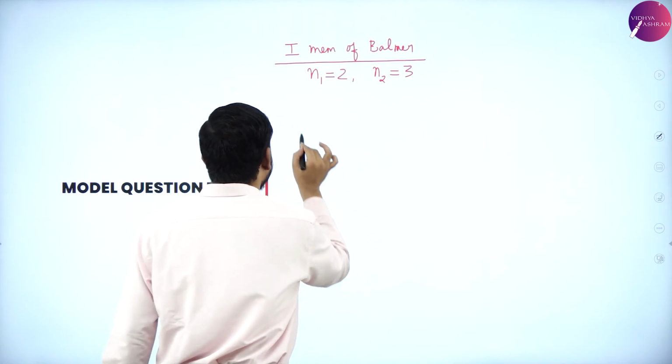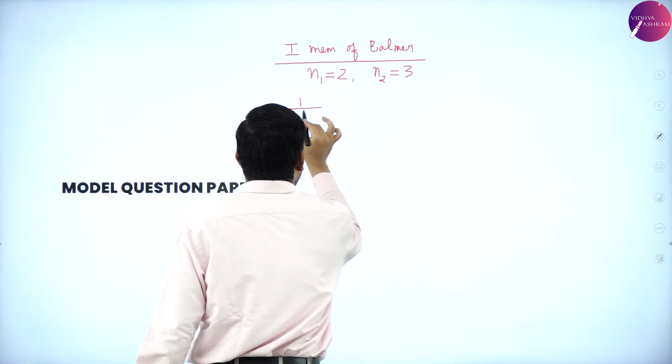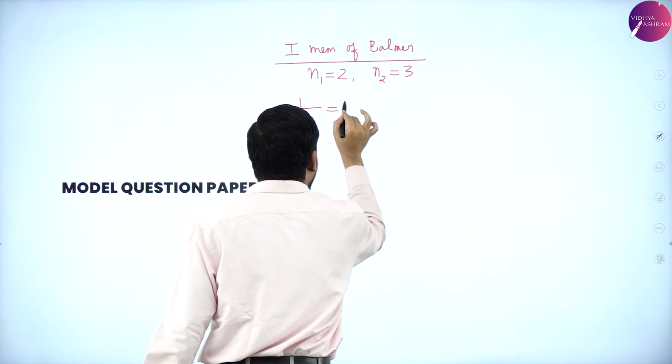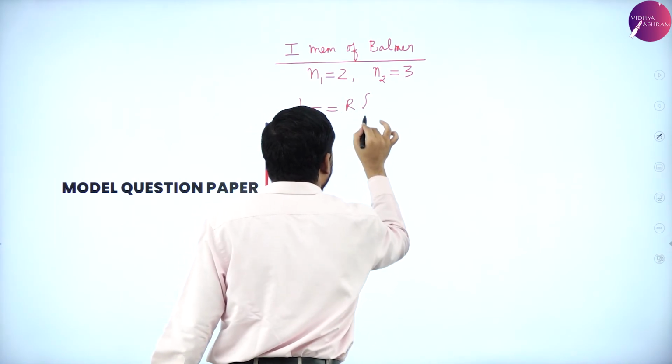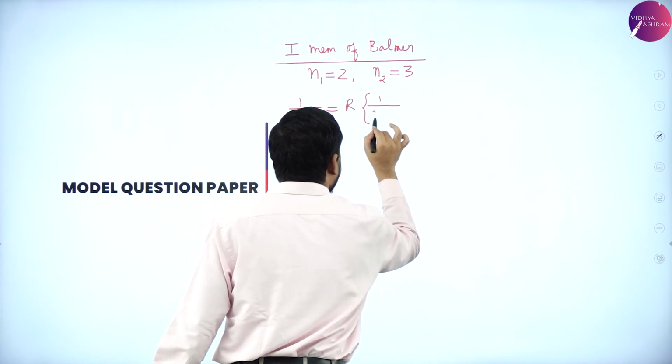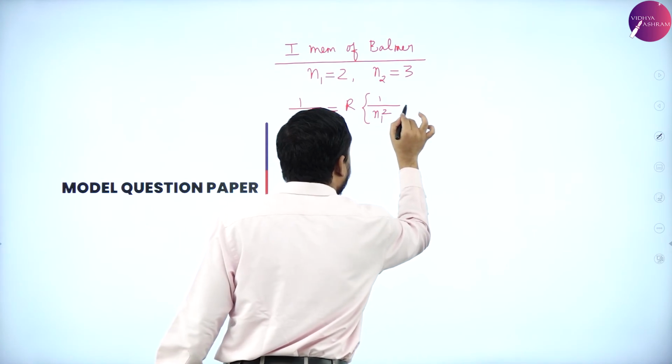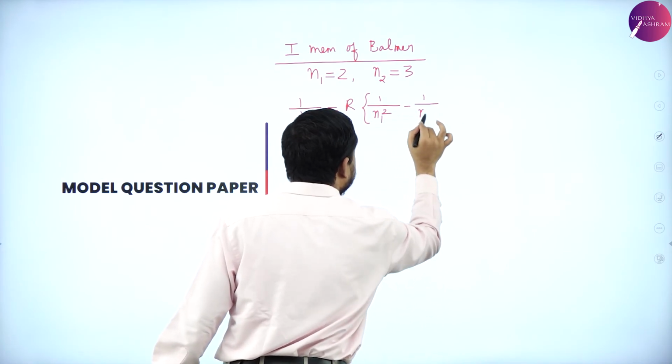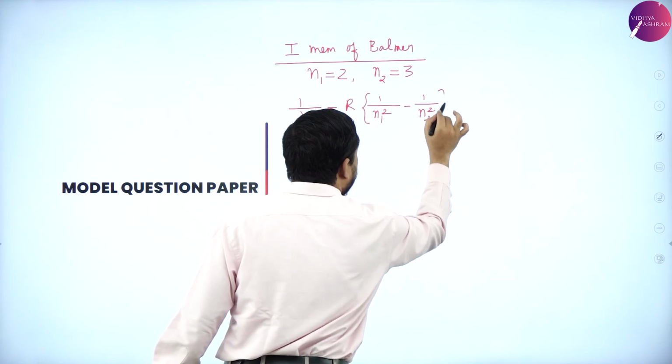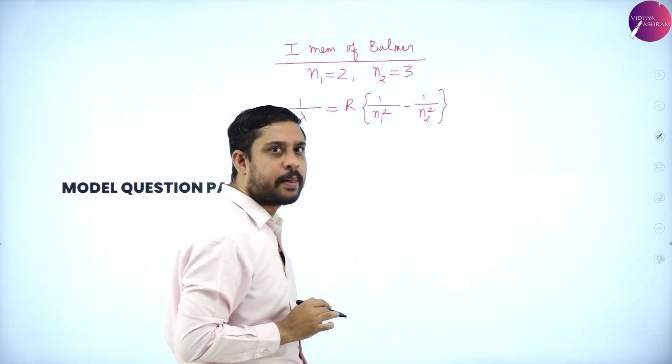Now we know 1 by lambda is R, 1 by N1 square minus 1 by N2 square.